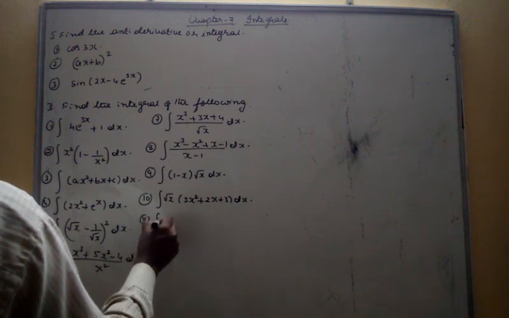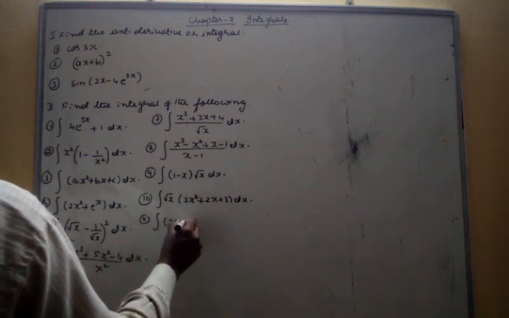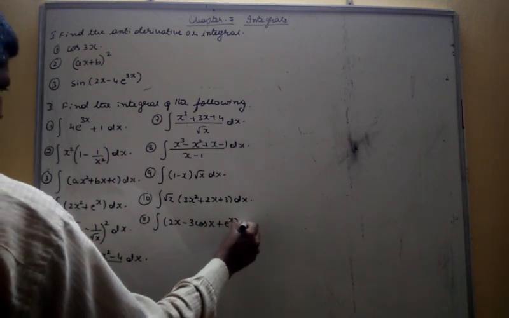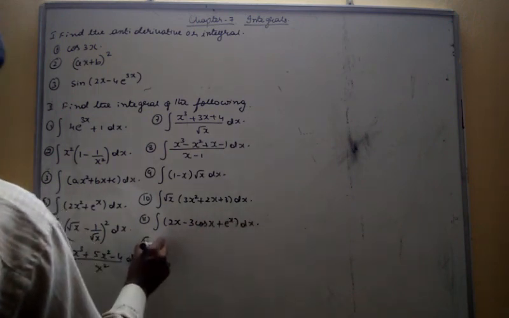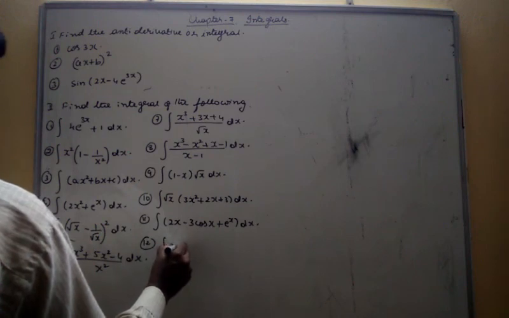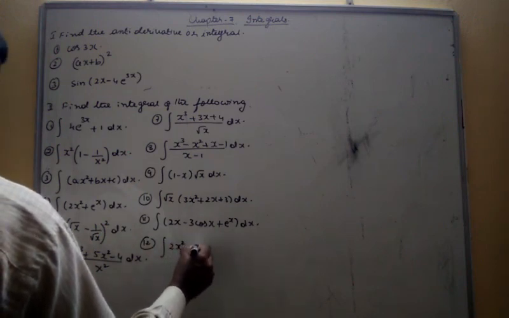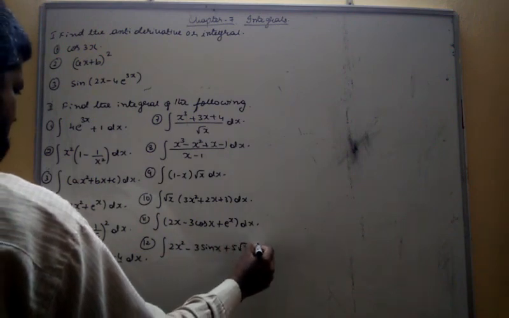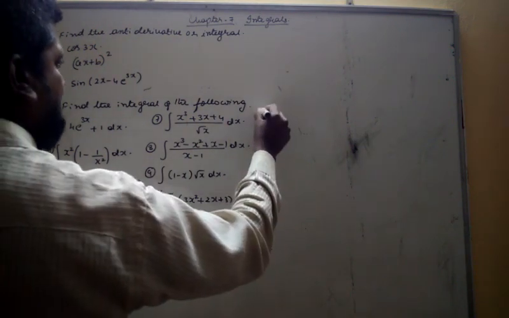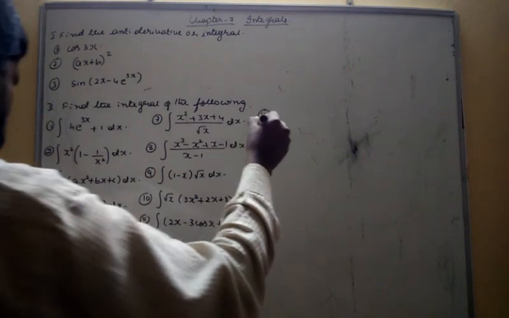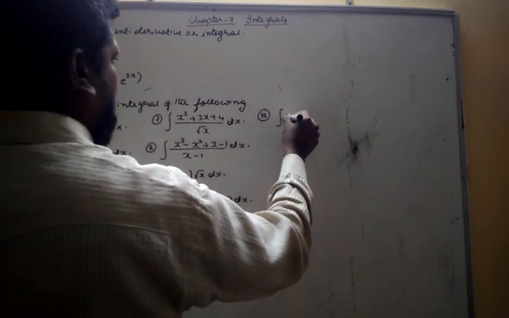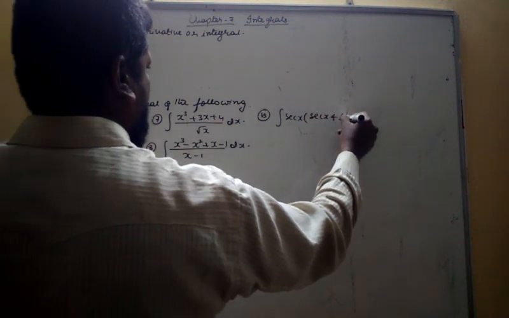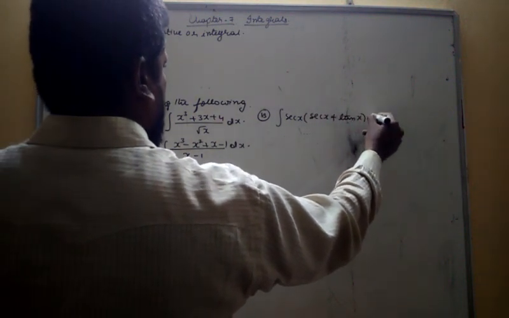Then the 11th one, 2x minus 3 cos x plus e to the power of x dx. Then the 12th one, 2x square minus 3 sin x plus 5 root x dx. Then the next one, integration of secant x into secant x plus tan x dx.